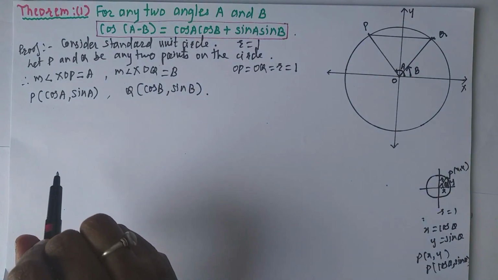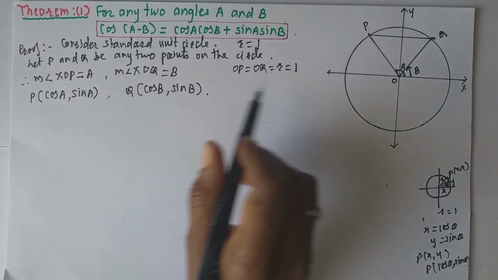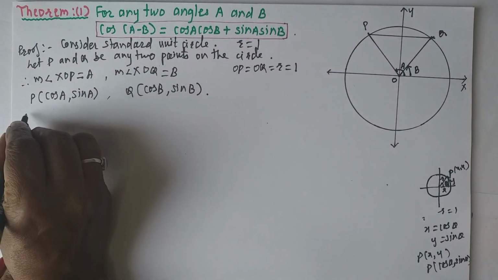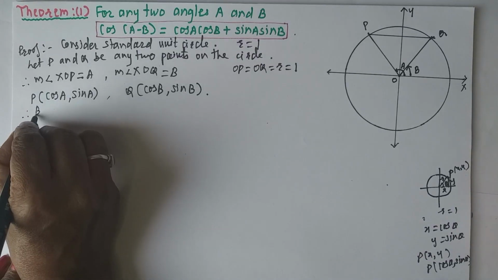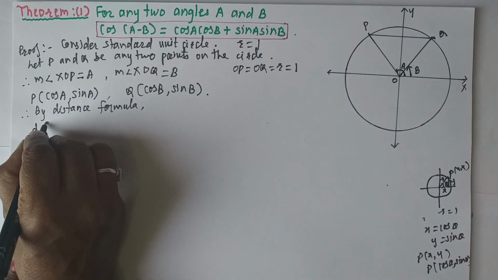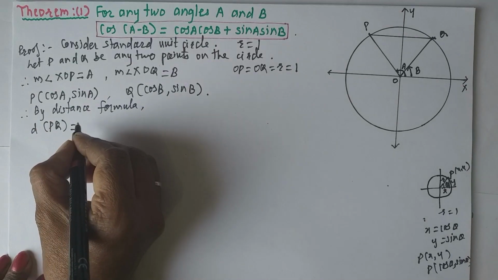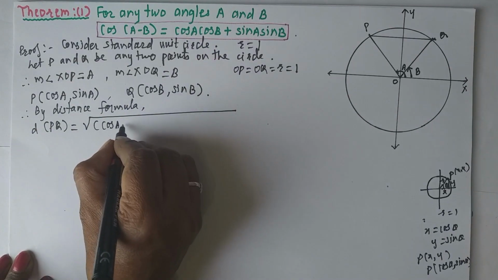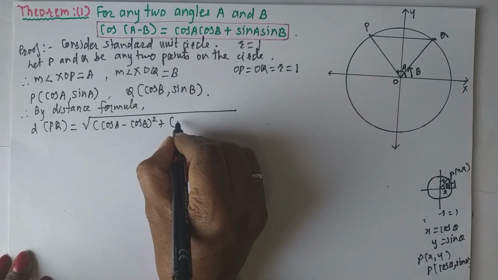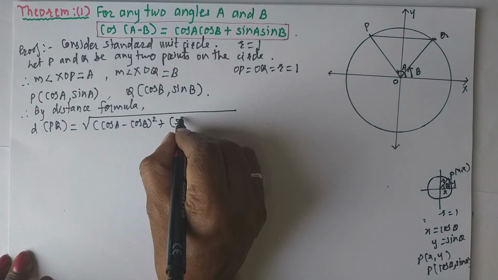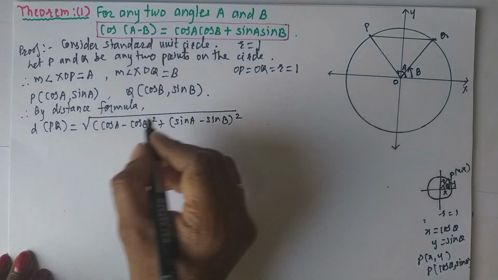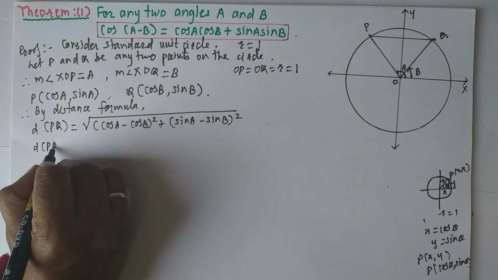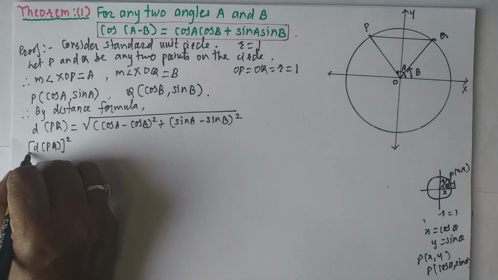Now, by distance formula, we can find this length of chord PQ or distance PQ. Therefore, you write down by distance formula, this distance PQ can be written as under root of difference of x coordinate, its square, plus difference of y coordinate and its square. Now if I take the square of both sides, then distance PQ squared equals the sum of the two squares.